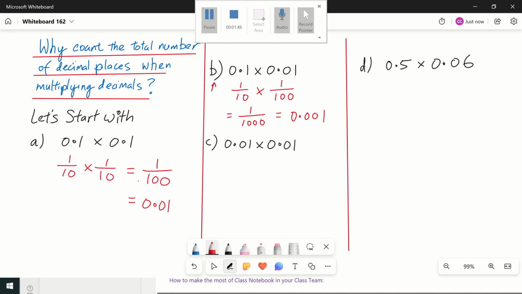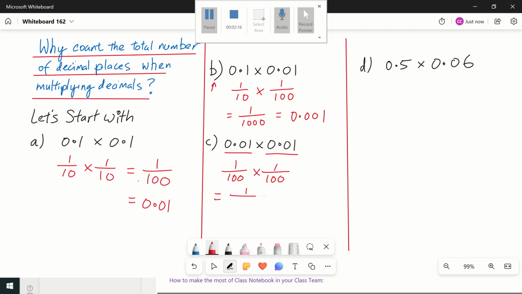Looking at example C, this time around we have 0.01 times 0.01. So that's 1 out of 100 multiplied by 1 out of 100. So we're looking at something that's 100 times smaller than 1 out of 100. As a fraction, we simply multiply the numerators and the denominators.